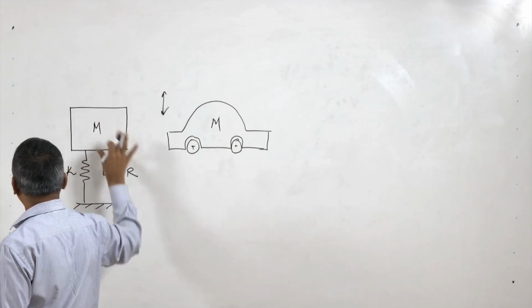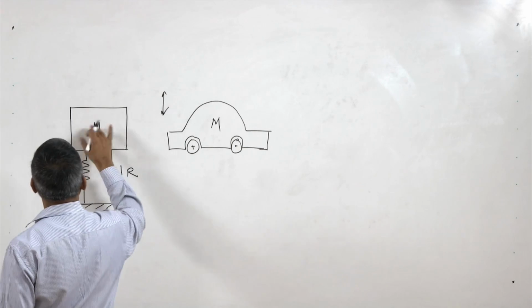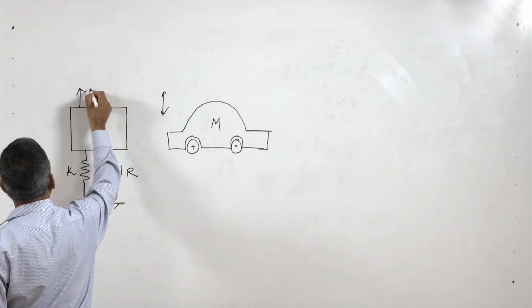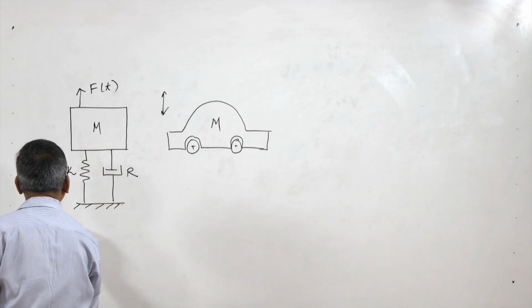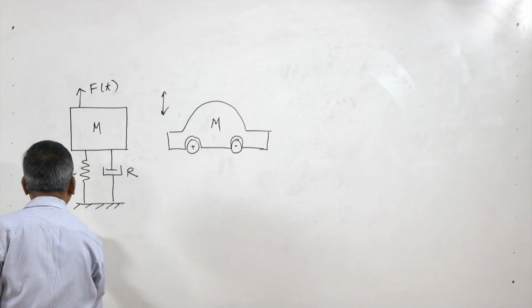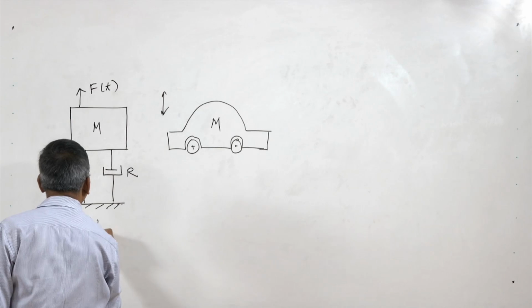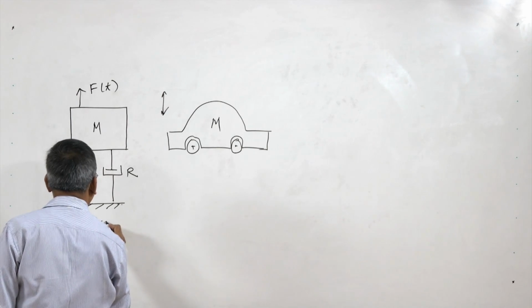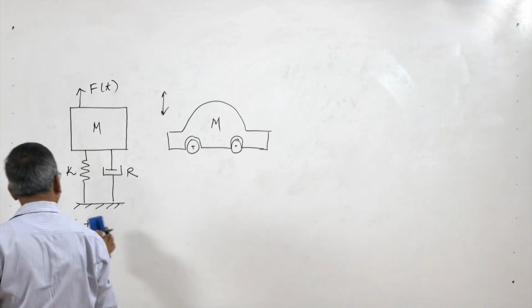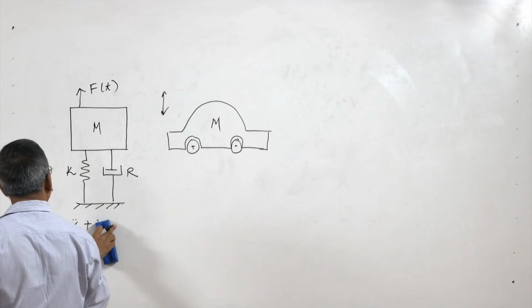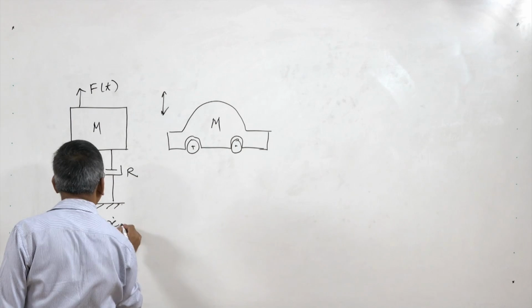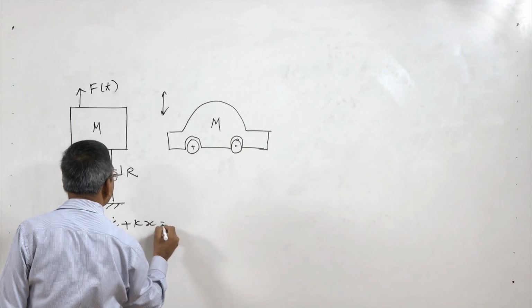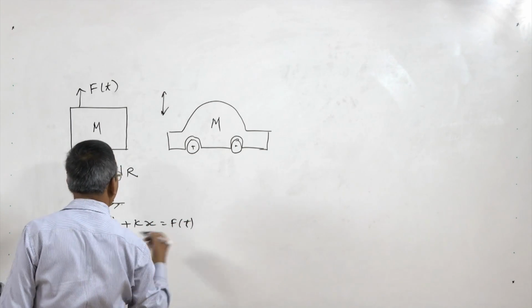Suppose this is subjected to a certain excitation F(t); then the system equation is m x double dot plus R x dot plus k x equal to F(t).